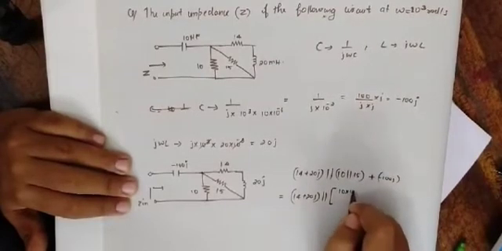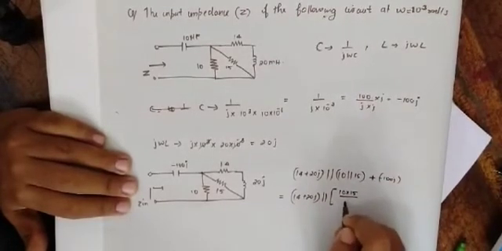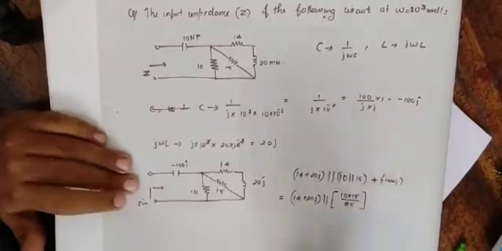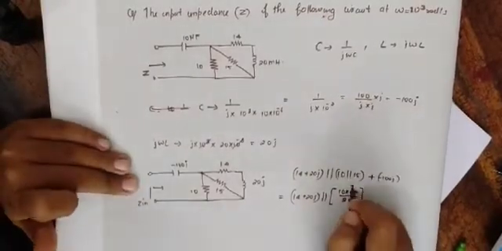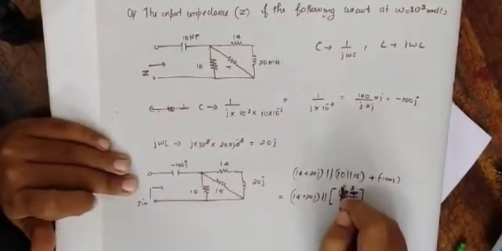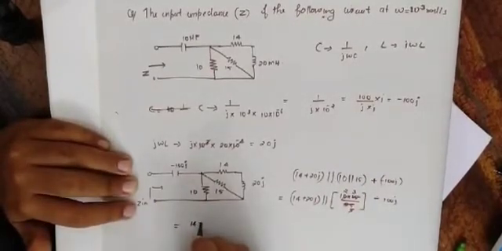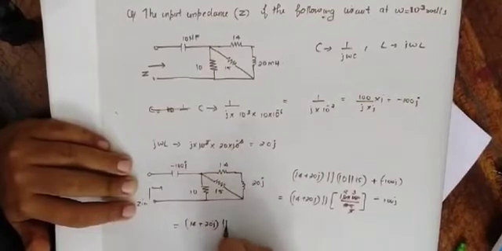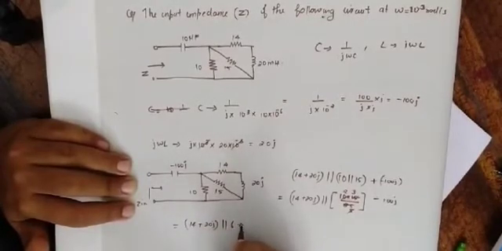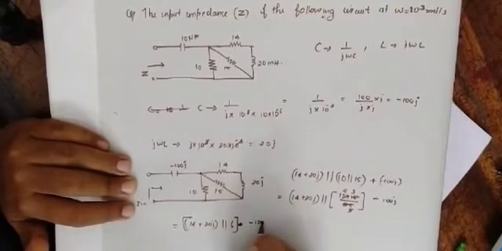I'll write R1 into R2 divided by R1 plus R2. So what will we get? 3, 5, 2, right, minus 100j, we will get 14 plus 20j parallel to 6 minus 100j.